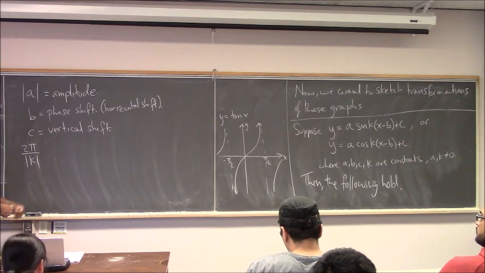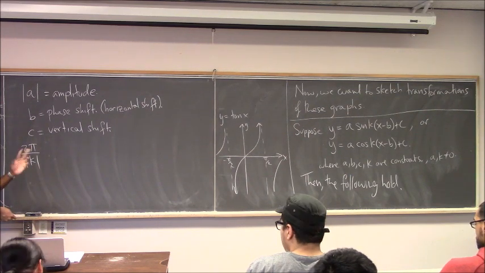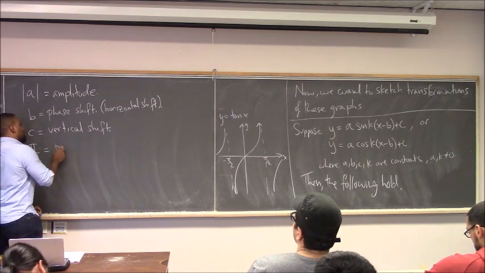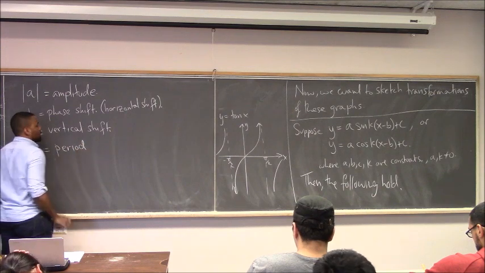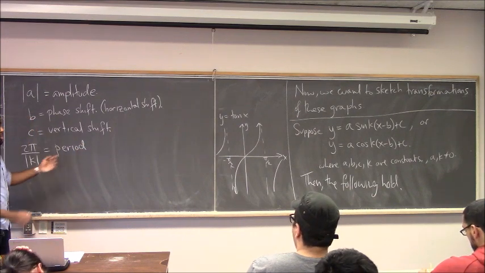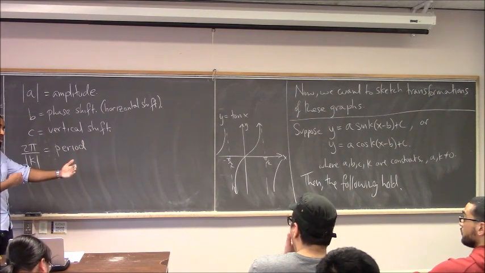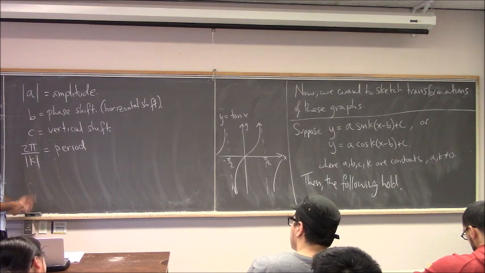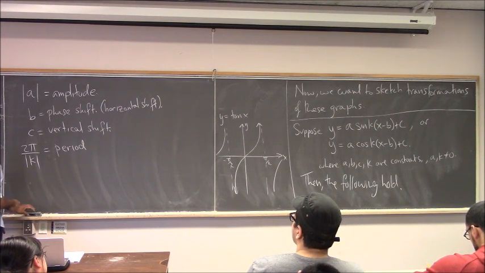I put k in absolute values because the negative sign will cause something else to happen. Right now we're just going to worry about the period. That's the length of the interval it takes for the function to repeat what it's doing. For the original sine and cosine function, this is 2 pi, but if we multiply by a k, that's the new period.